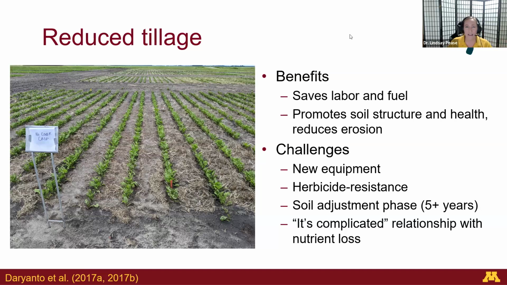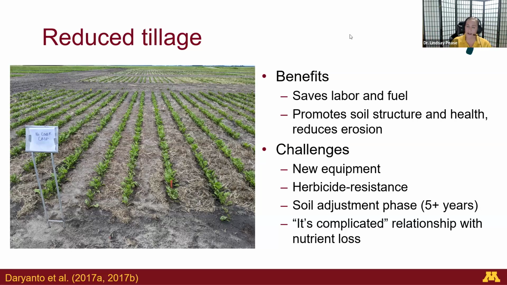It seems to be in that 4 to 5 year, maybe even up to 7 year period where they feel their soil is adjusting before it catches up to where it was productivity wise from before switching to reduced tillage. So that can also be a challenge, knowing that farmers are going to take maybe a little bit of a yield hit when it comes to their in-field production.